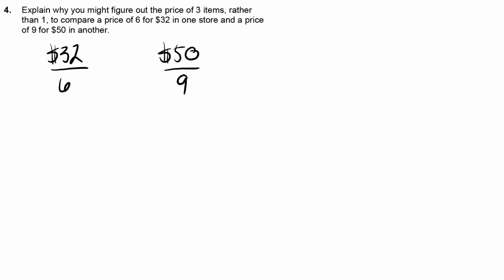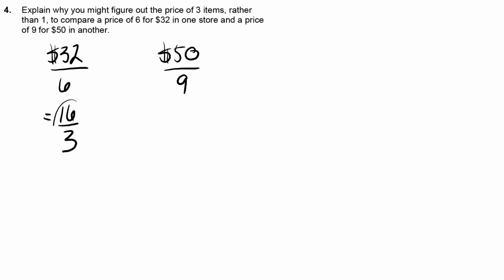So $32 for 6 would be the same as saying $16 for 3, because we divided both the top and the bottom by 2. In the case of $50 divided by 9, we'd need to divide by 3 if we're going to end up with 3 on the bottom. So we'd end up with 50 divided by 3 on the top, and that's not necessarily easy math to do.